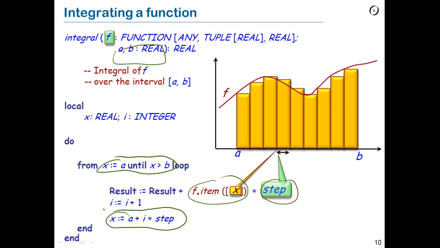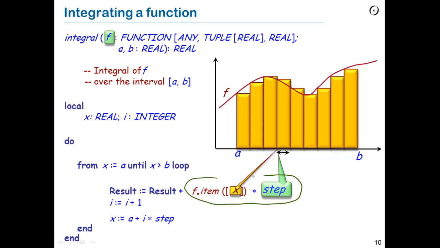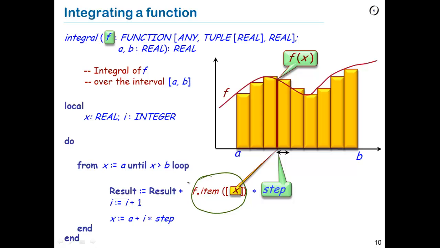So the key part, of course, is this term here, which represents this value multiplied by this step. So it represents f of x, f.item(x). This is mathematically f of x, and then we multiply it by step. So in mathematics, we would write something like sigma for i from 0 to some n of f of a plus i times step, times step.